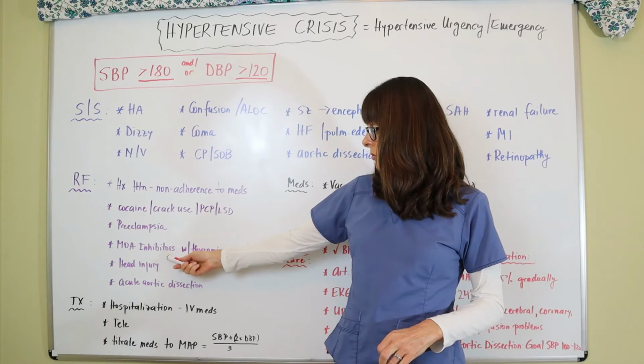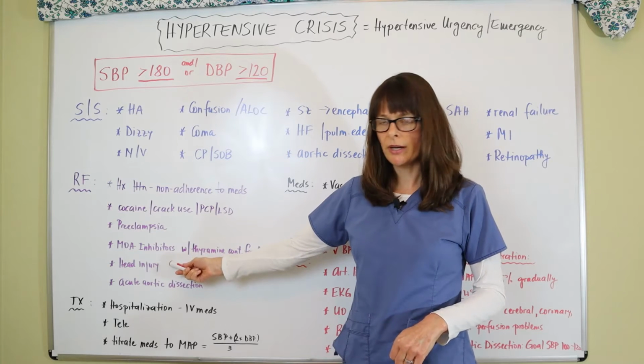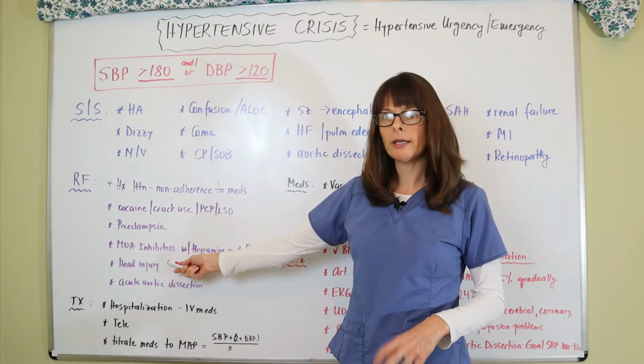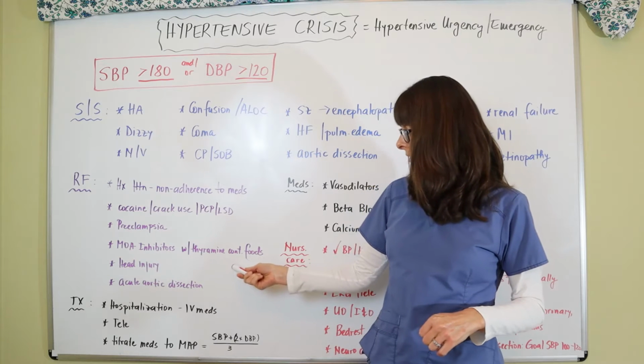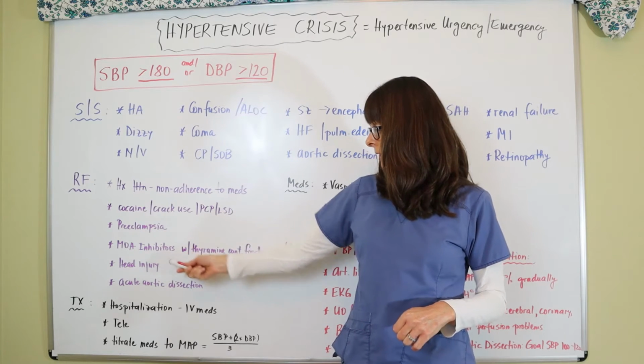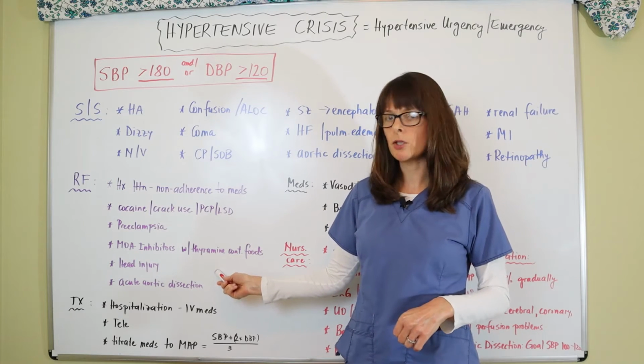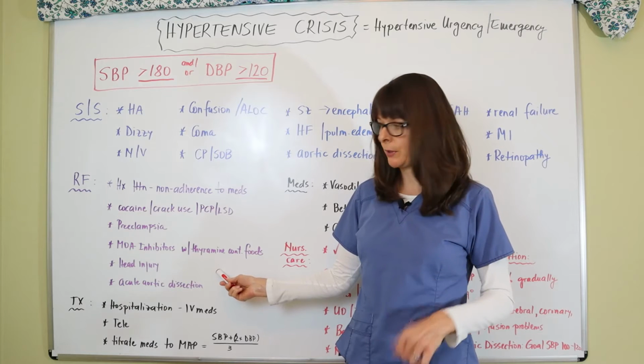And then also drugs called MAO inhibitors that are usually used in the mental health setting, they don't really get along with tyramine-containing foods. And so if a patient is on these MAO inhibitors and eats tyramine-containing foods, then it can lead to hypertensive crisis, which can be life-threatening.